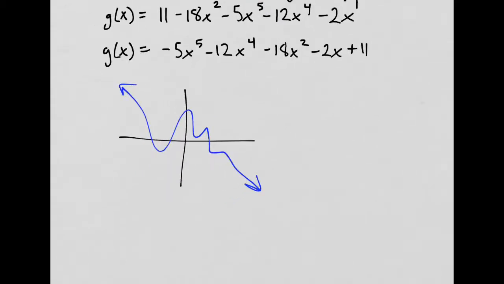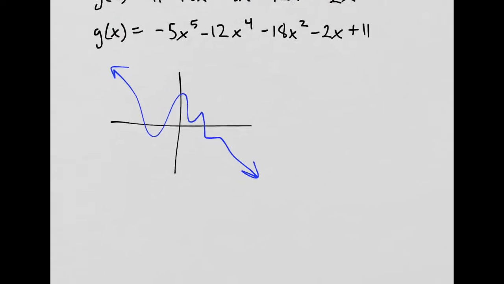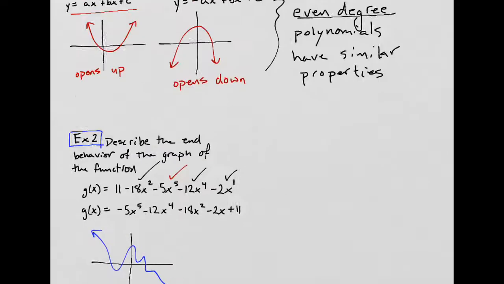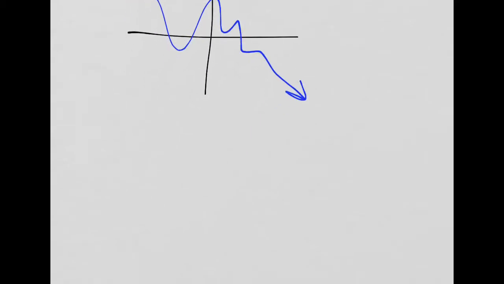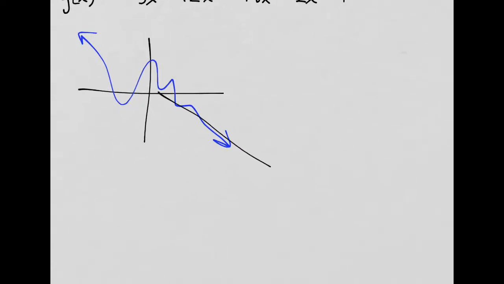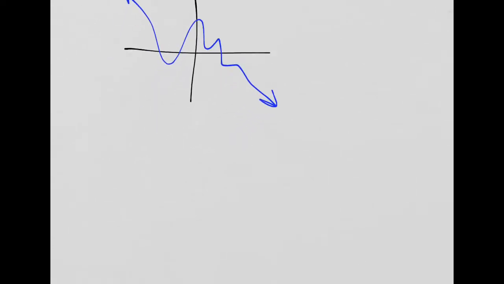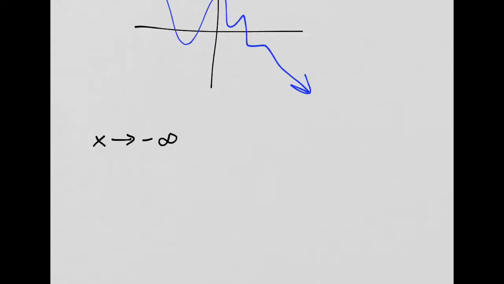So how do I say this? It looks like a negative slope, but the way that you describe the end behavior is you say, going towards the left, we're going upwards, and going towards the right, we're going downwards. Let me write that using math terms. How do we say going to the left? As x approaches negative infinity, that's to the left.